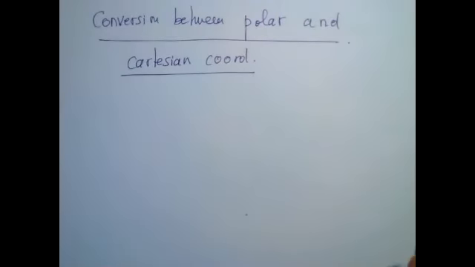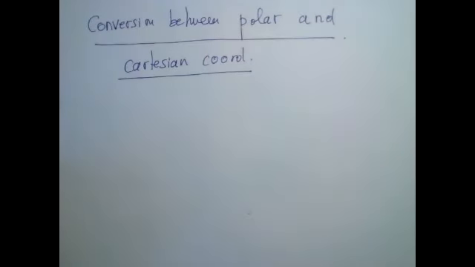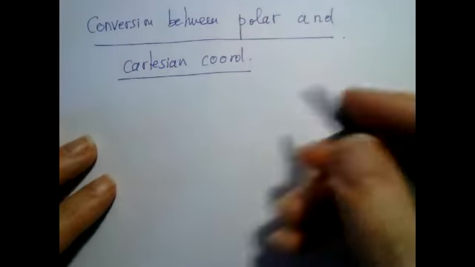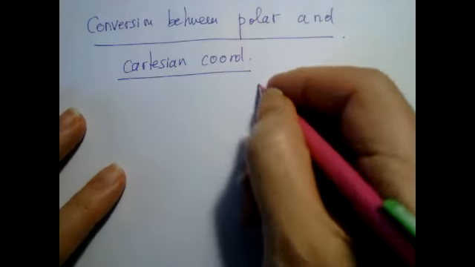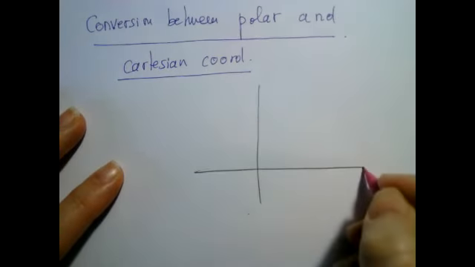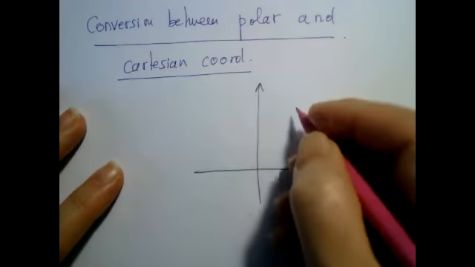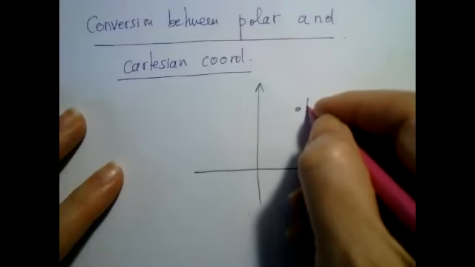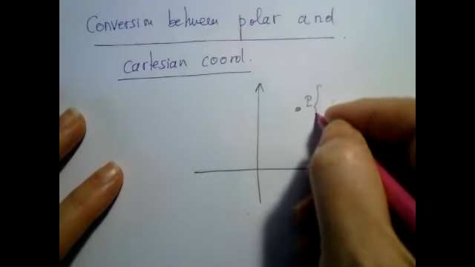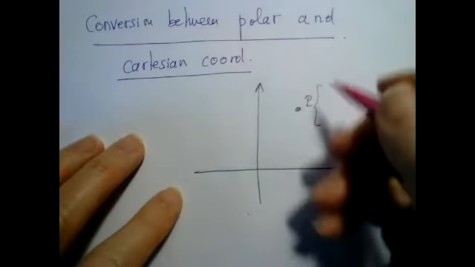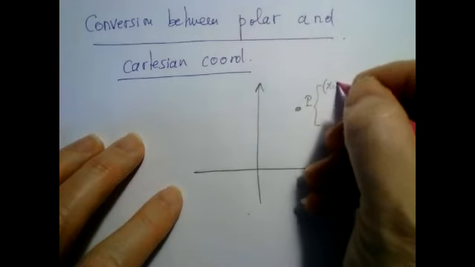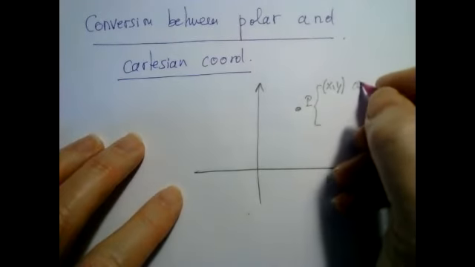Okay. We will do the easy one first. So the idea here is the following. Let us say I take a point in the plane. That's the idea. A point. Every point now has 2 sets of coordinates. It has xy, that's the Cartesian.